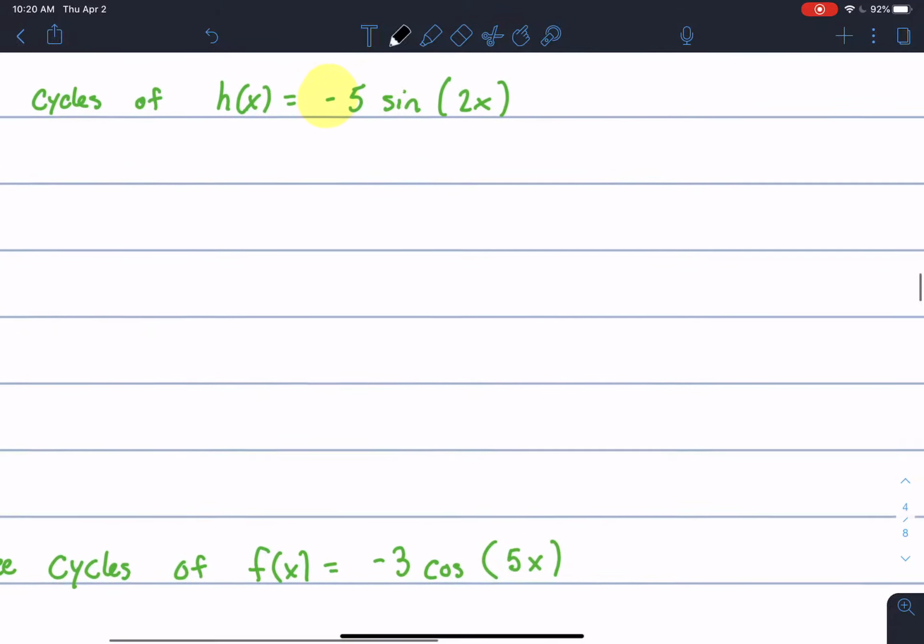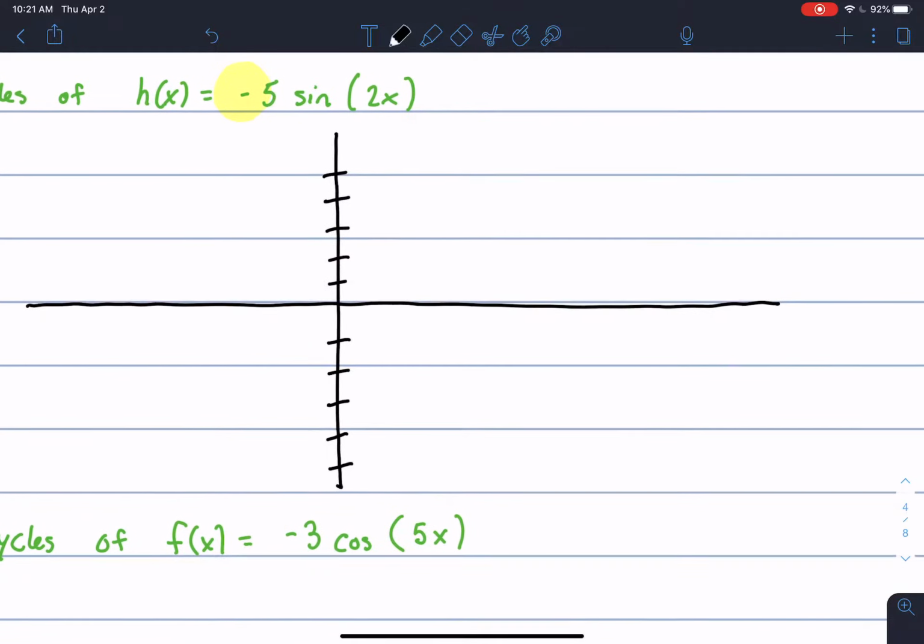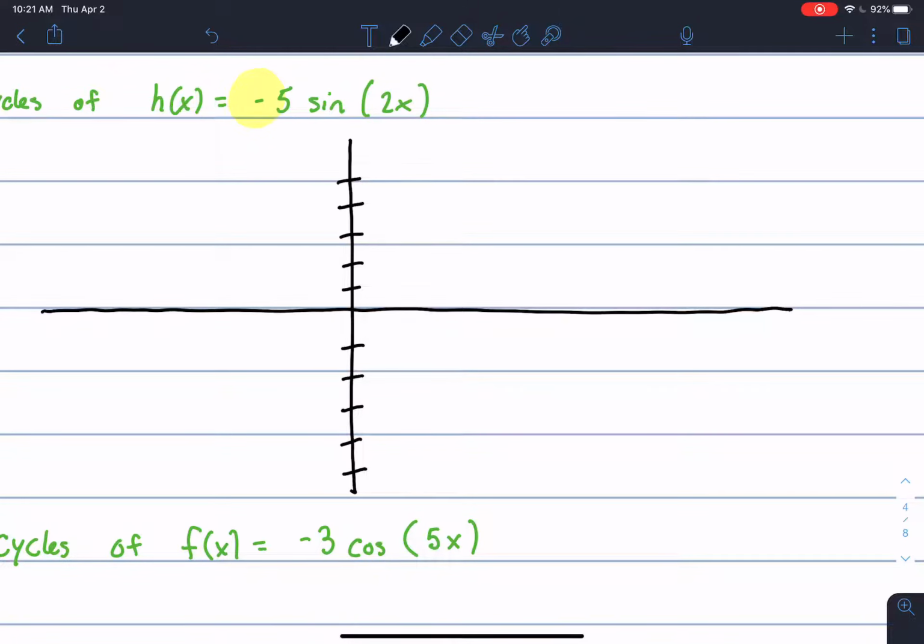Again, draw out your axis first. You're going to go up to 5, down to negative 5. Your interval we figured out was pi over 4. So pi over 4, 2 pi over 4, which is pi over 2, 3 pi over 4, and then pi.